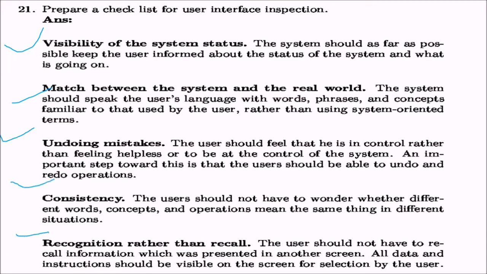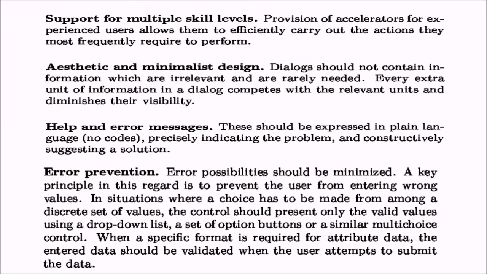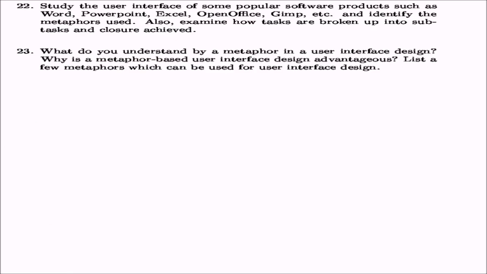And then you will observe recognition rather than recall. Then you will see the support for multiple skill levels, if it is there or not. The aesthetic and minimalistic design, whether the help and error messages are proper, and whether error prevention is there or not. You know, there are two things: error prevention and error detection. If you prevent the error, then it will be very good.